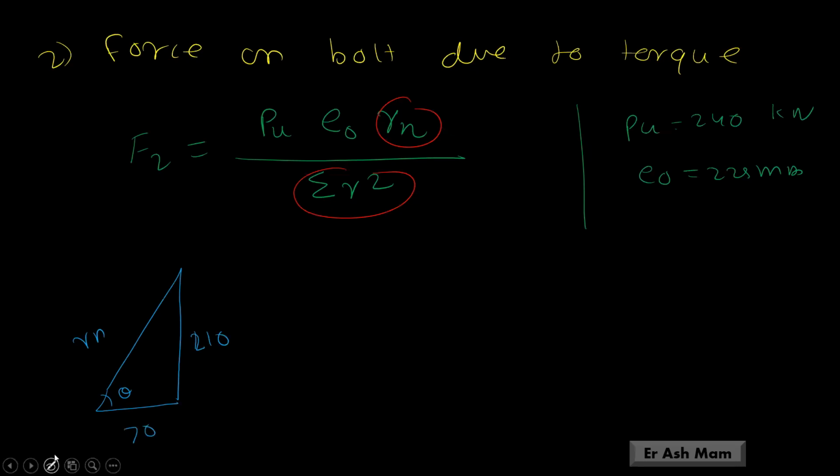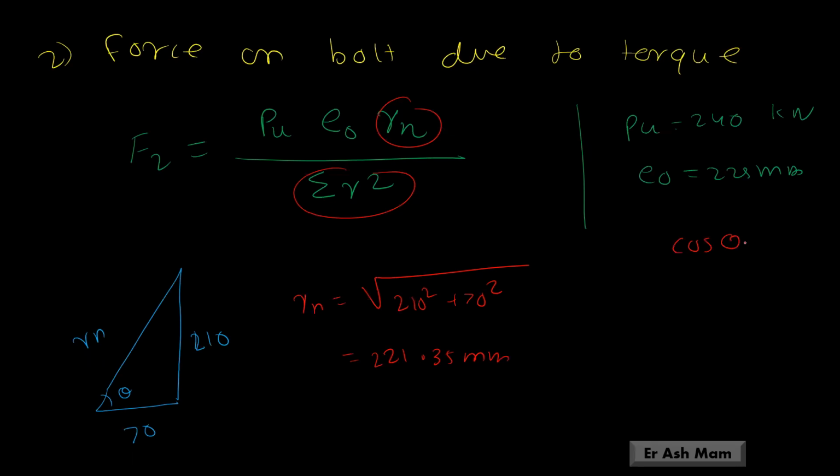Therefore, Rn equals square root of 210 square plus 70 square, which is equal to 221.35 mm. And we need cos theta.